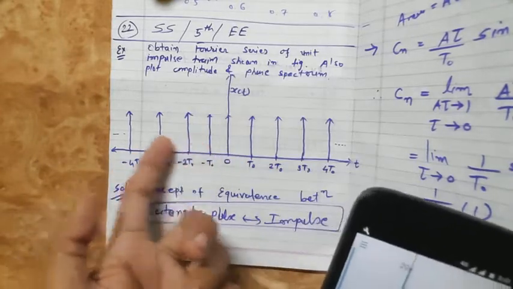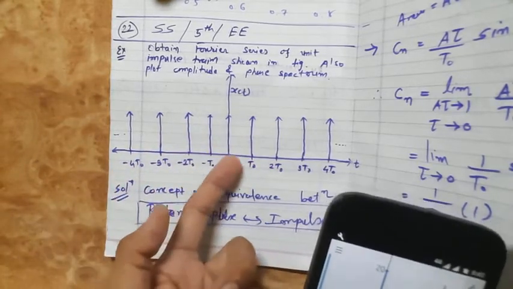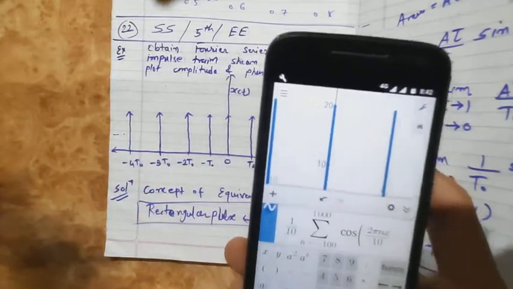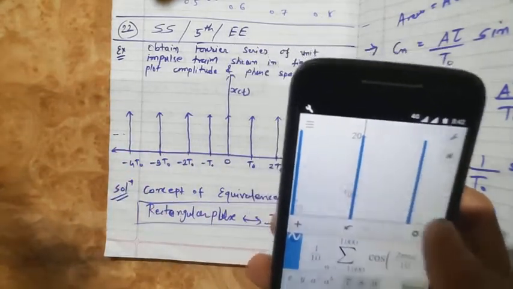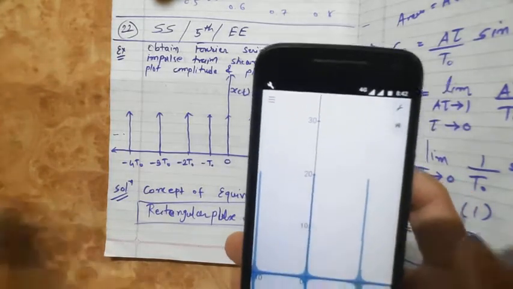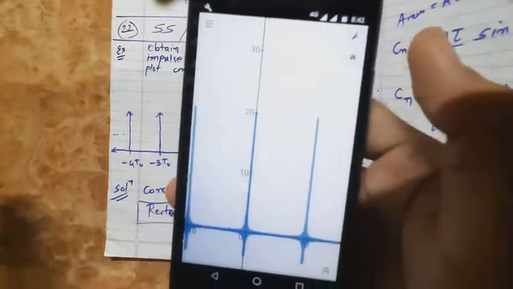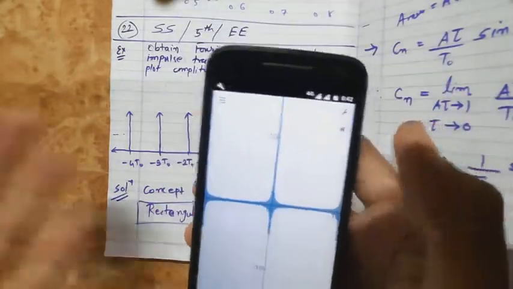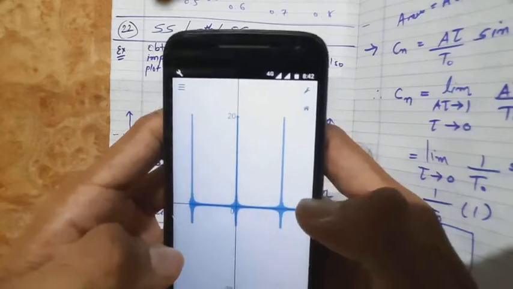That's the meaning of this pulse train. So let's check with 1000. Let's see what happened. Okay, now I'm on 1000. It is not working. You see, the height is still 20. It is still not working because it's not going to take the values.